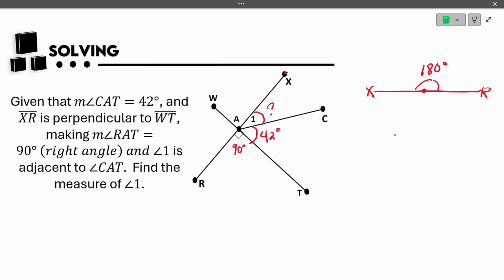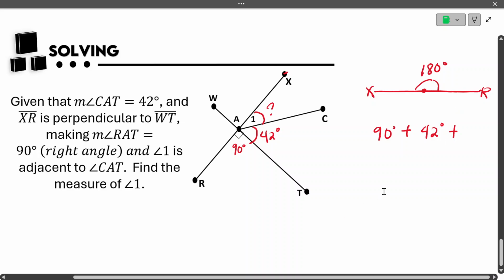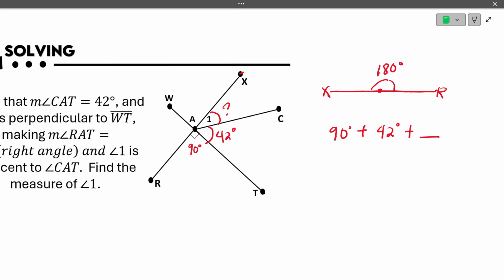It's like this. The first angle, which is already 90, plus the next angle, which is already 42, plus the missing angle, which is angle 1, should give you 180 degrees.